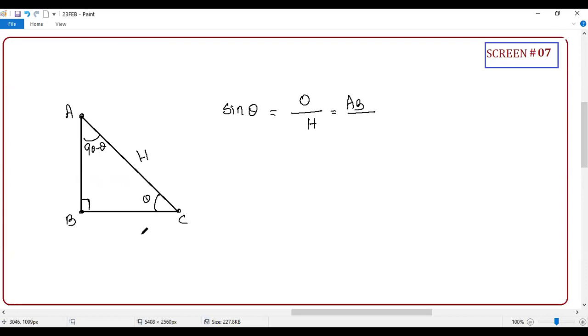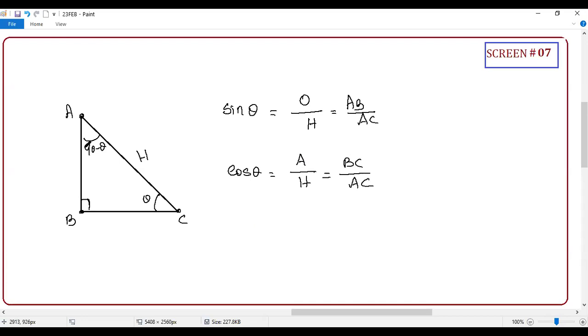What is the hypotenuse? AC. Any doubt on that? No doubt, right? Now I'm asking, what is cos theta? Adjacent by hypotenuse. What is the adjacent side? BC. Hypotenuse AC. Clear or not?